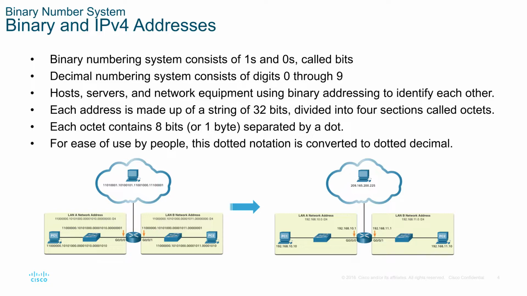Because it's 4, 32 divided by 4 is equal to 8, or an octet. Each octet contains 8 bits, more commonly referred to as 1 byte, separated by a dot. For ease of use by people, this is referred to as dotted notation or dotted decimal notation.